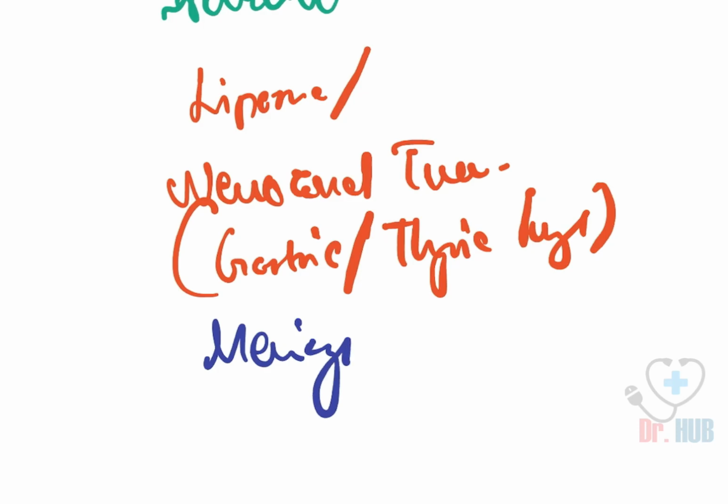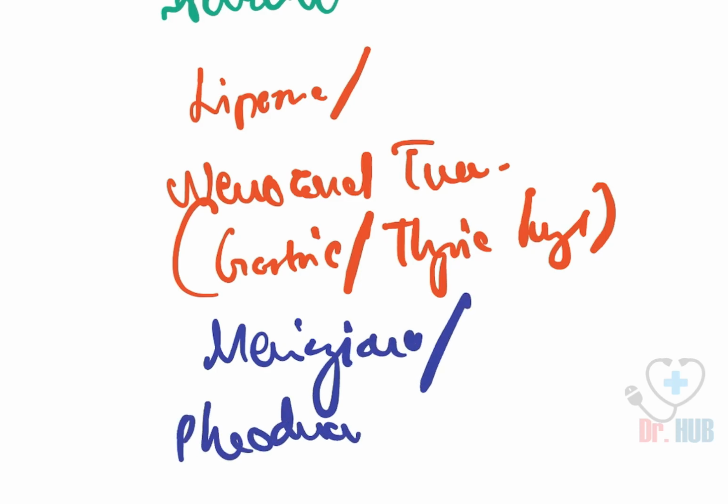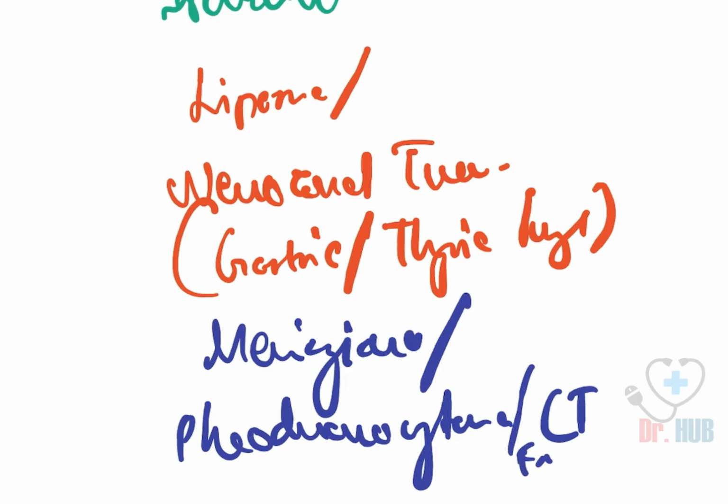Then we have the meningioma, then the pheochromocytoma, as well as the carcinoid tumors, which are usually in the foregut.